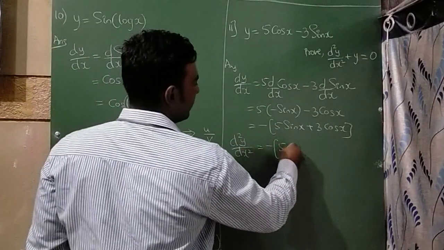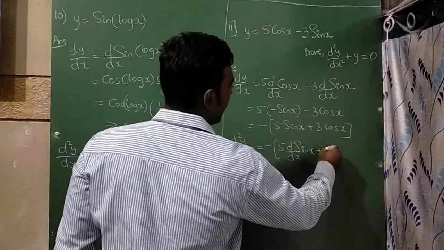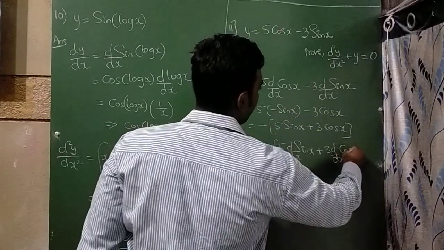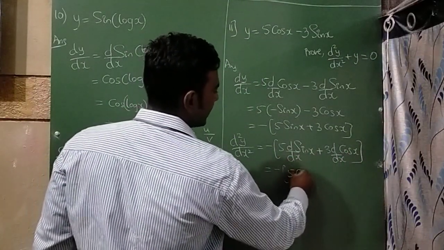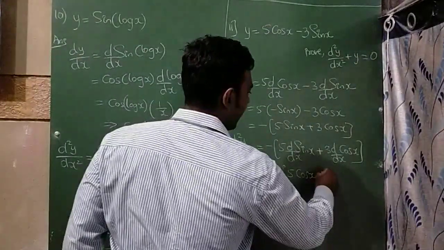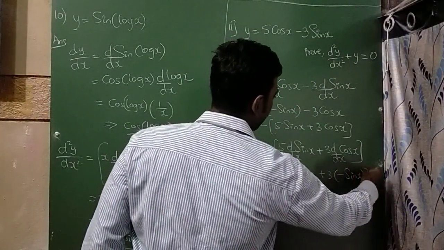minus outside 5 d by dx of sin x plus 3 d by dx of cos x. So minus 5 d by dx of sin is cos plus 3 d by dx of cos is minus sin x.